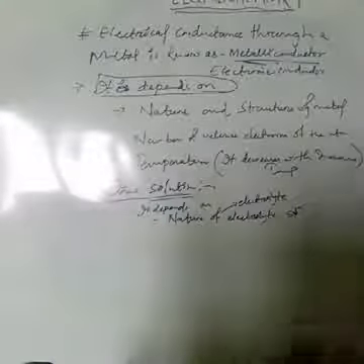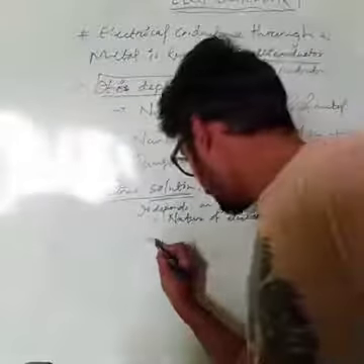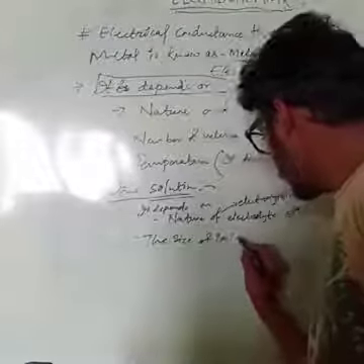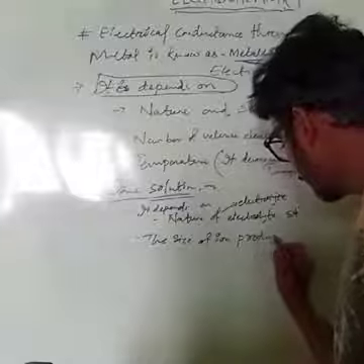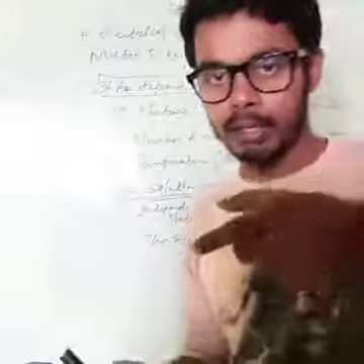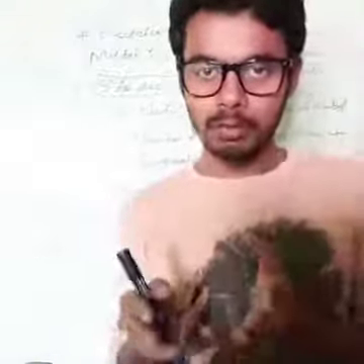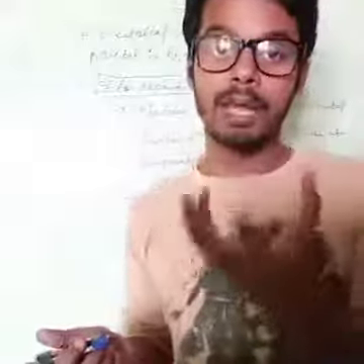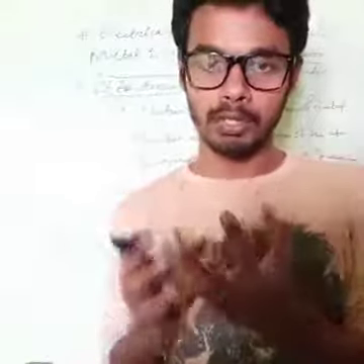What will be the second point? The size of ion produced. Suppose you have taken NaCl, and when it is added to the solvent molecule, it will give Na+ and Cl-. What is the size of those ions produced in the electrolytic solution? That is also a factor.